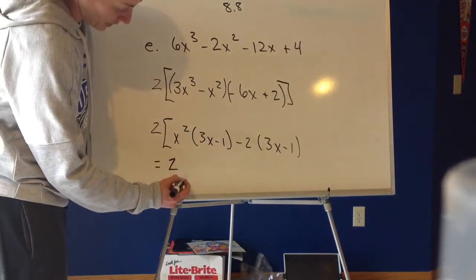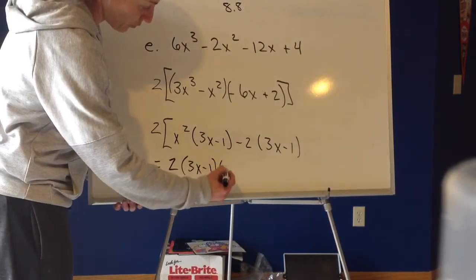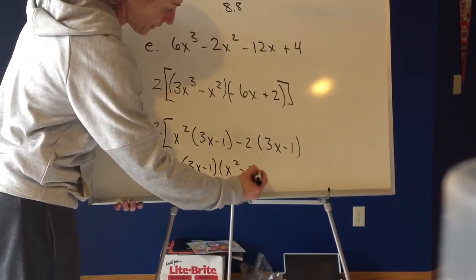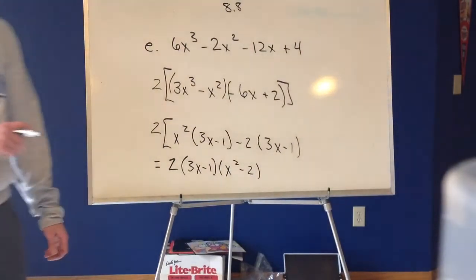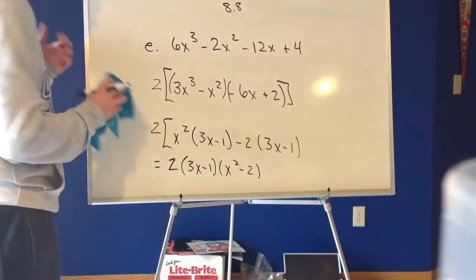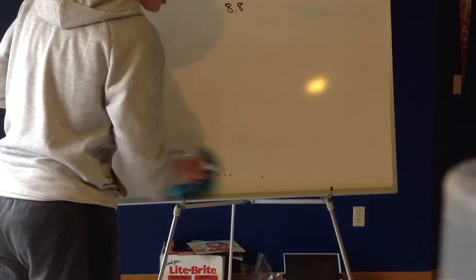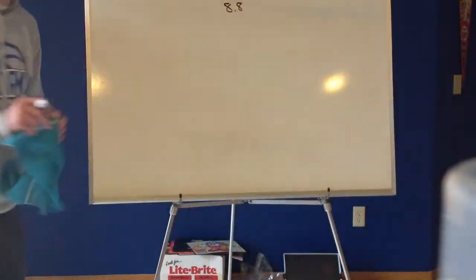Then I would be left with the 2. I'd still have the 3x minus 1, and then I would combine the GCFs to get my final answer. So again, that is grouping 2 and 2. That's the only 4 term that we are going to do. We are not going to do 8.82, day 2.